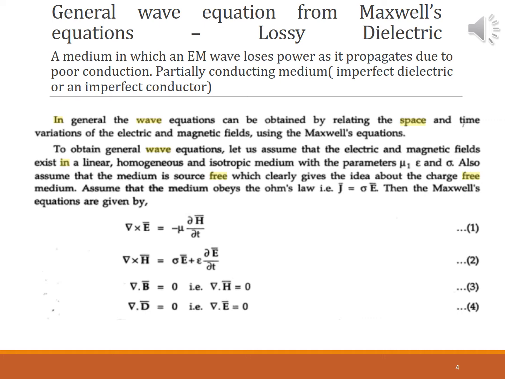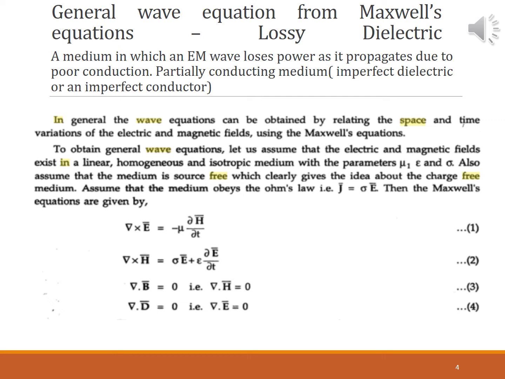We can actually derive this for any of the media that we just spoke about. There is a general wave equation for a lossy dielectric, for a lossless dielectric, and for free space. The case of the lossy dielectric is normally considered to be the general case.